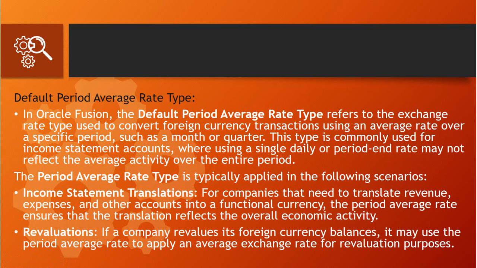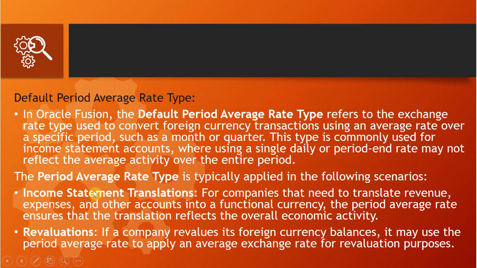The default period average rate type refers to the exchange rate type used to convert foreign currency transactions using an average rate over a specific period such as a month or quarter. This type is commonly used for income statement accounts where using a single daily or period end rate may not reflect the average activity over the entire period.